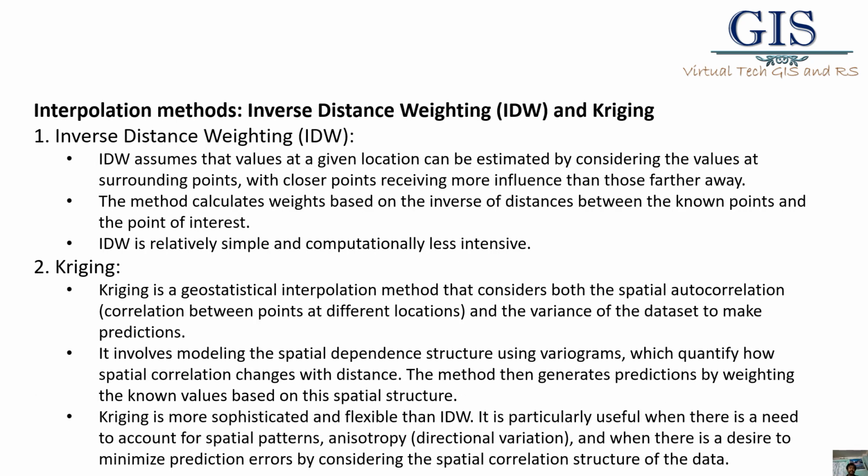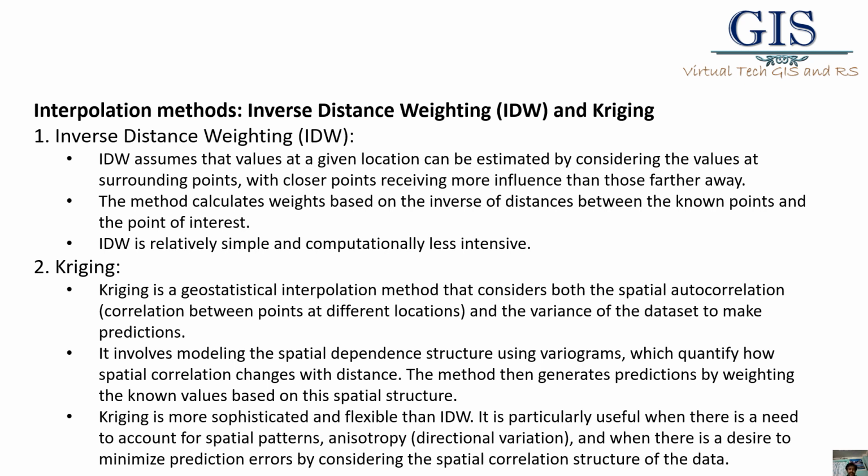For the preparation of the bathymetric map, there are different kinds of methodologies. One among them is using interpolation, and interpolation can be done in two ways. One is the inverse distance weighting method, and another one is the kriging tool.